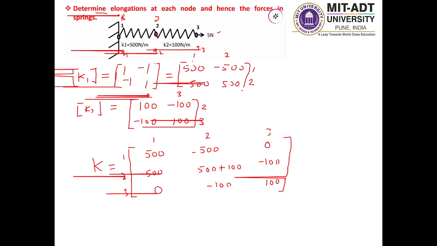Now here I am writing the values first. First matrix is K matrix, so I am going to define K matrix here. So here the values are 500, minus 500, then 0, then minus 500, 600, and minus 100.